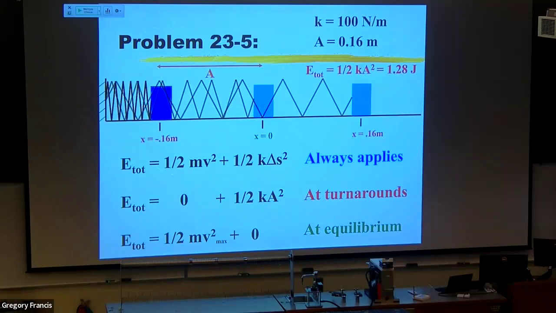The general rule is by hook or by crook, whatever you need to do to find that total energy. In this case, I had K, I had A, boom. It just seems like the way to go. See how powerful that is? All sorts of questions can be answered as long as you know what that total energy is.